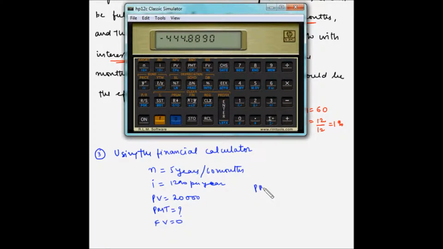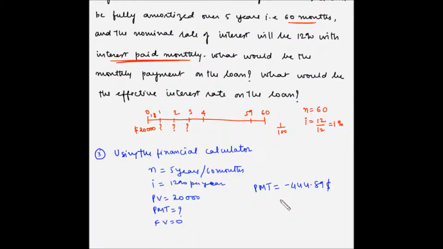So the payment amount comes out to be minus 444.89. Minus indicates that this is an amount going out of our pocket. So because we received 20,000 as loan, we have to pay back an amount of $444.89 per month to the bank. So using all the three methods, we pretty much got the same answer.